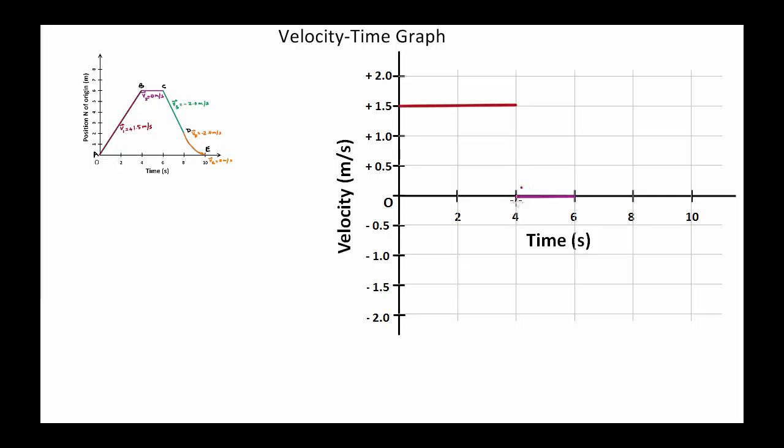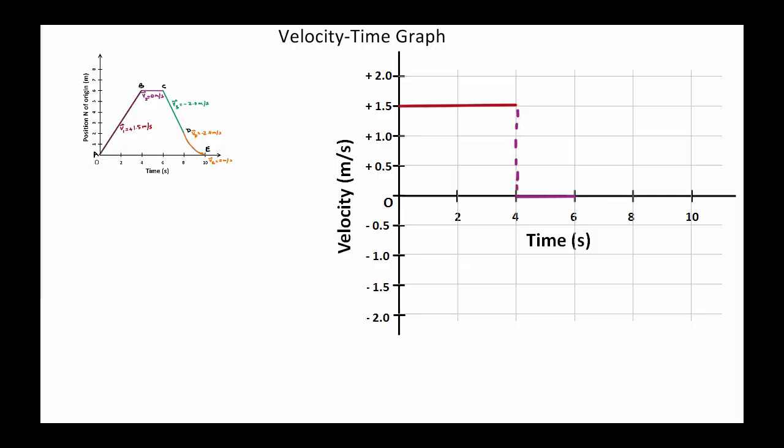So at this 4-second mark, the velocity changed from positive 1.5 meters per second to 0. The object came abruptly to a rest in this idealized example. And when that happens, we show that generally with a dotted line connection. So let me go ahead and do that here.